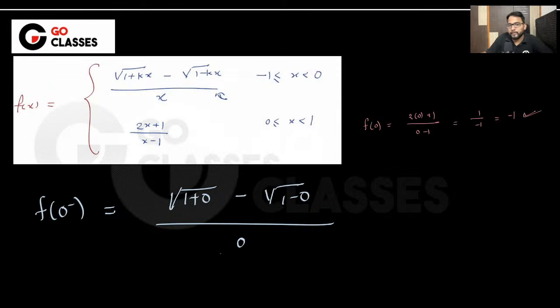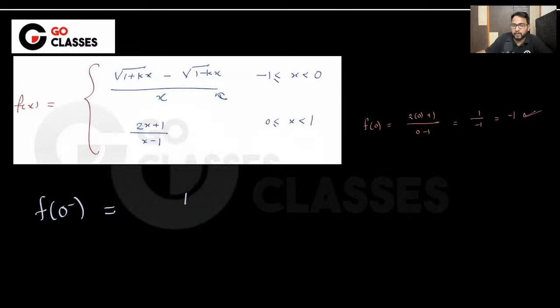Since it is not exactly 0, you need to do it a little carefully because the limit is not very intuitive. So what you need to do is say that this is the same as 0 minus h, where the limit h tends to 0, right? So instead of x, put 0 minus h.